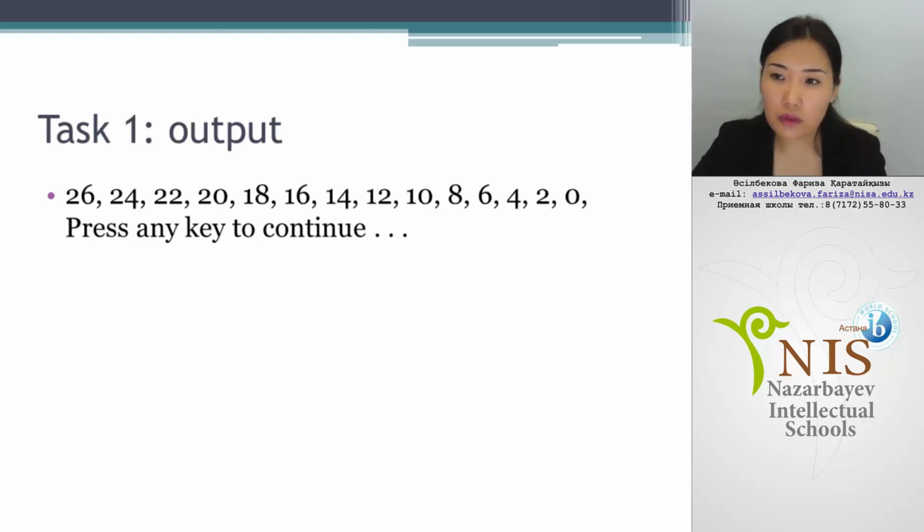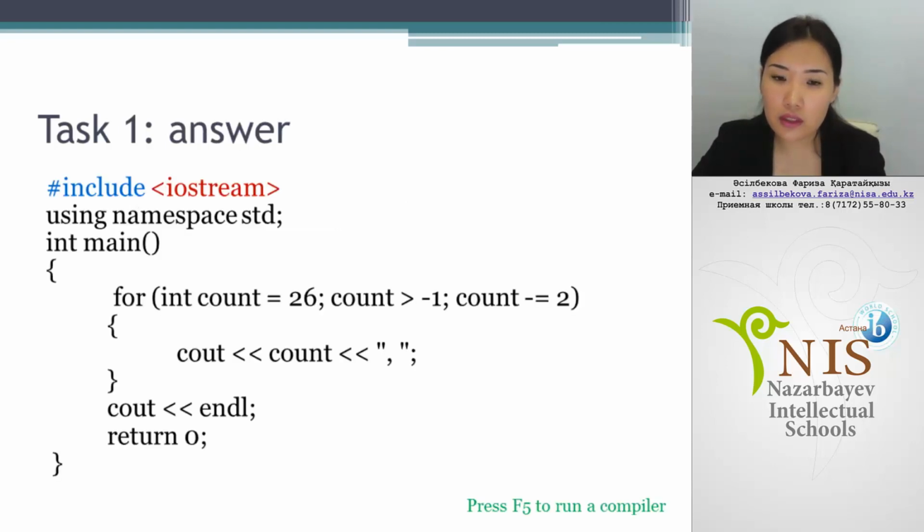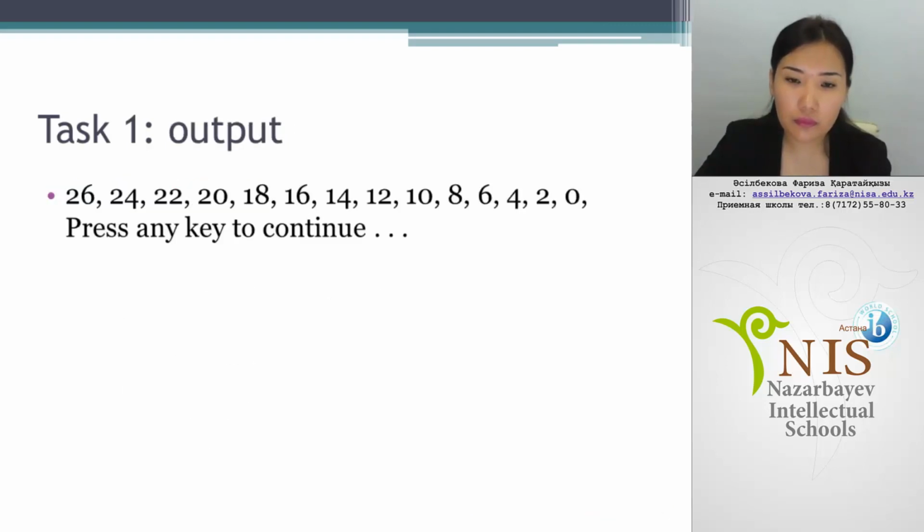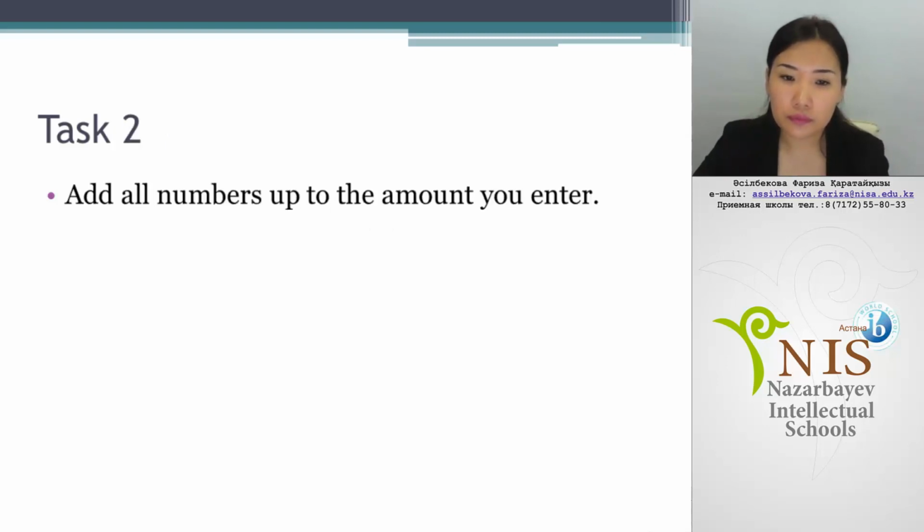If you have mistakes in your code, you can see the answer and correct them. It's the output of the first task. If you have done, let's do task 2.